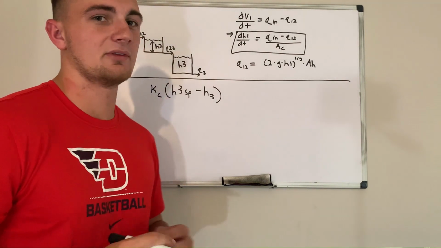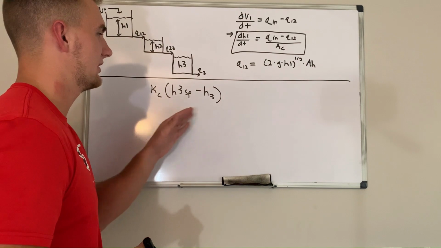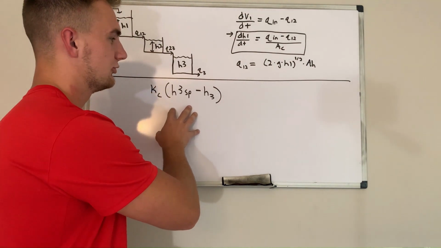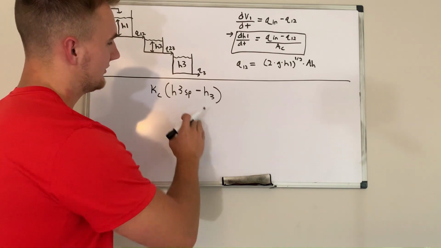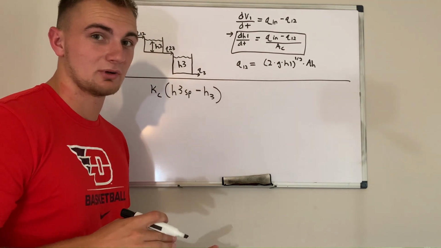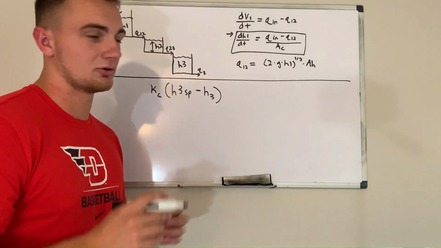This is what's known as a controller gain, basically just a proportionality constant that can help us get to our desired set point. So whenever our set point is greater than the actual height in the tank, we multiply by some controller gain.